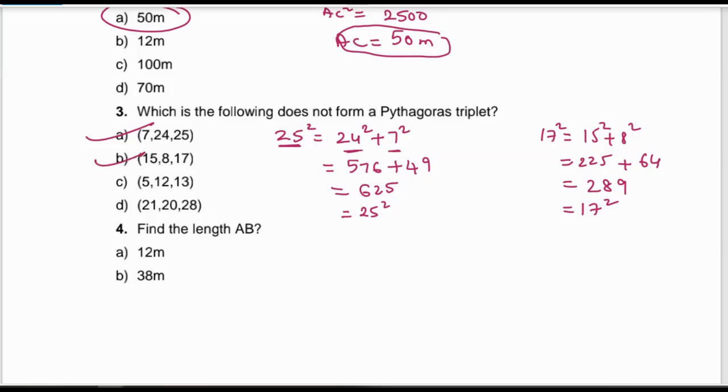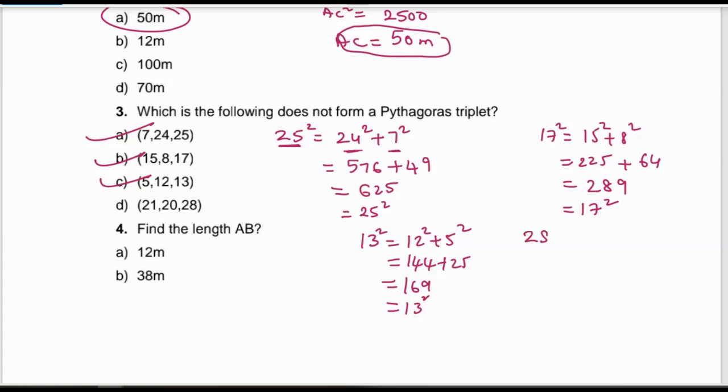Yes, it satisfies, so this is a Pythagoras triplet. Go for the next one. We have 13 square as the biggest value, then 12 square plus 5 square. 12 square is 144 and 5 square is 25. When you add both we get 169, that is 13 square. Yes, even this is a Pythagoras triplet.